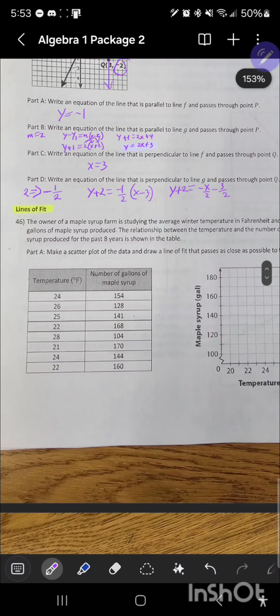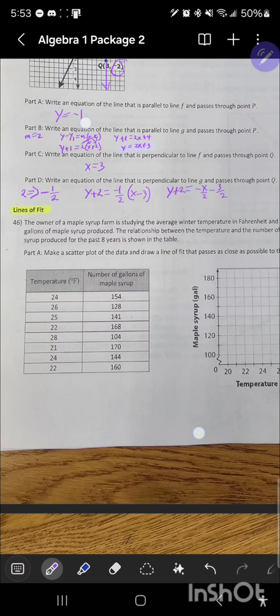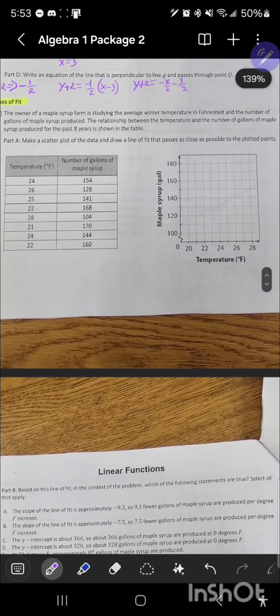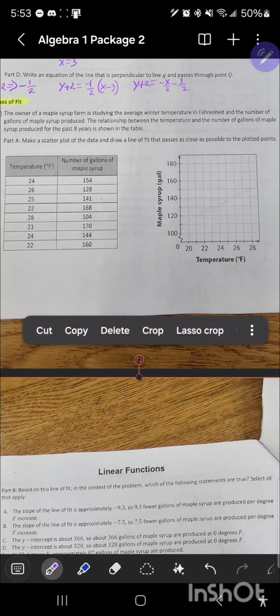We finish with this exercise. Continue with the next one. Okay, this is a problem. The owner of a maple cider farm is studying the average winter temperature in Fahrenheit and the number of gallons of maple syrup produced.